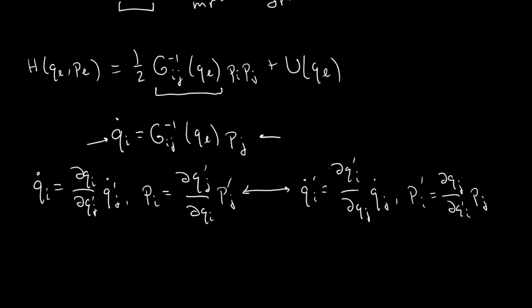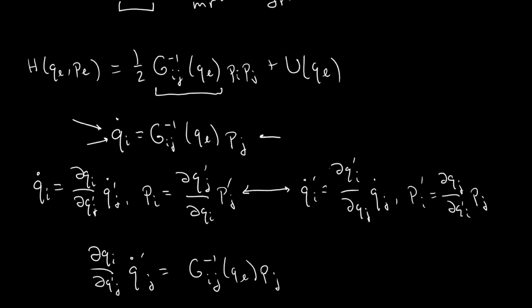So really I just wrote down the same thing twice, just putting primes in different places. Okay, so now I'm going to transform the left-hand side of this equation first. In that case, I get that dq_i over dq prime j times q dot prime j is equal to G inverse ij p_j.